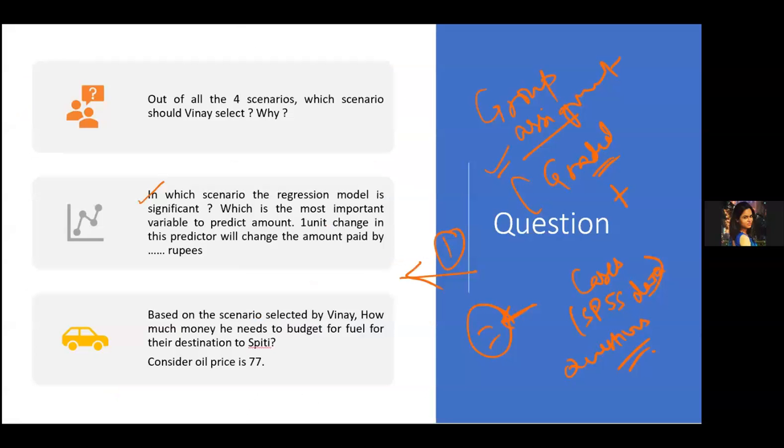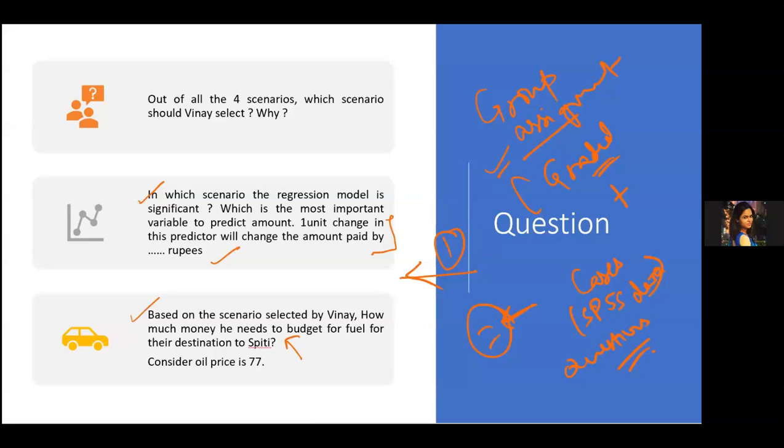So these are the questions that you have to do. 1 unit change in this predictor will change the amount paid by how many rupees. Whatever scenario you feel is the correct one, you have to tell that scenario, and according to it, whatever regression equation you get, then you have to tell what is the change. Third, you have the regression equation now based on the scenario that you selected, and we have to go where?